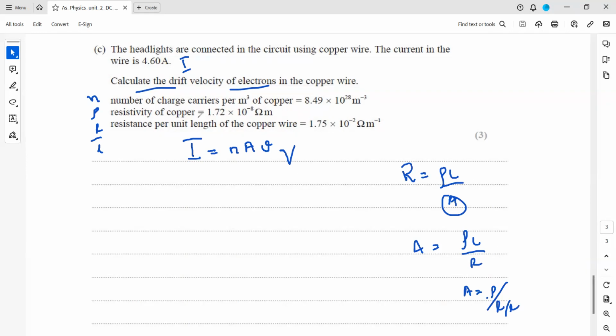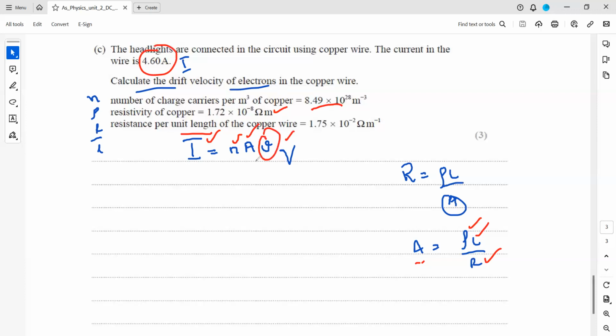But you can substitute per unit length, so the length is 1 meter. Even if you are confused, you can substitute these values. The resistivity is given, so we substitute the resistivity. It is per unit length, 1 meter, so we substitute the length. And the resistance is there, so we substitute and get A. After getting A, I is there. This I is given. The number of charges per unit volume is given. The area we calculated. Q is the charge of an electron.